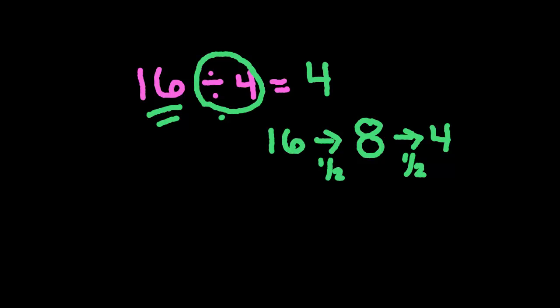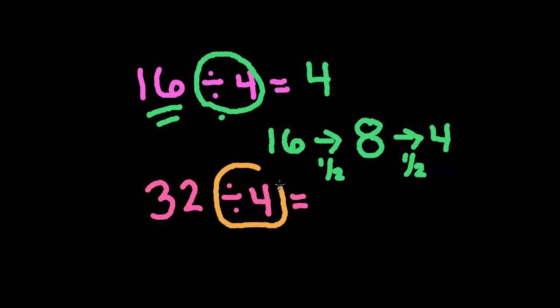We'll do one more here: 32 divided by 4. For this one, we're going to circle divided by 4. The action is on the 32. Here they need to remember that 32 isn't easy to take half of, so I have to think, what tricks do I have to take half of 32?